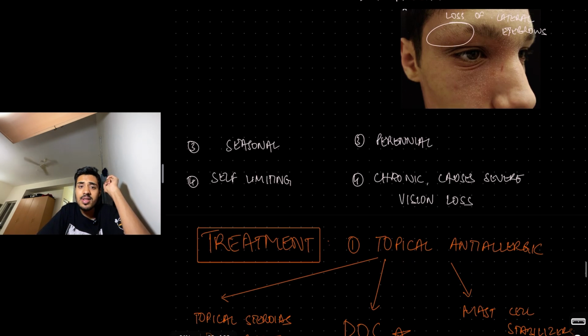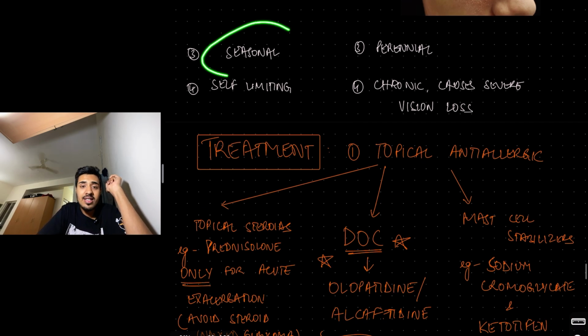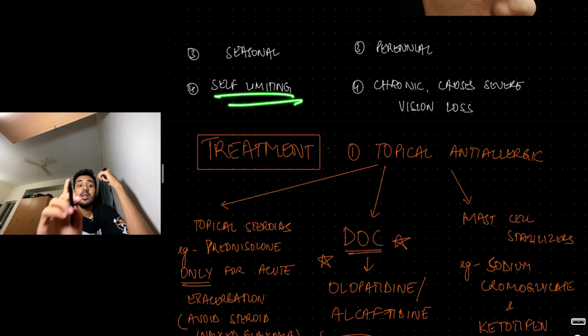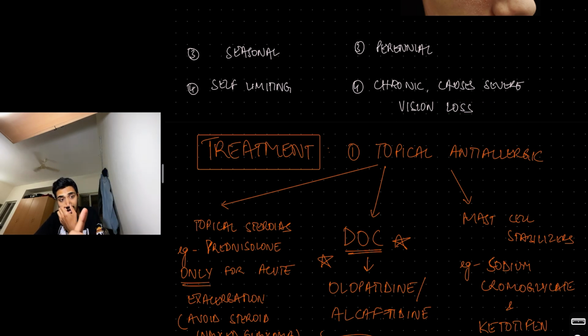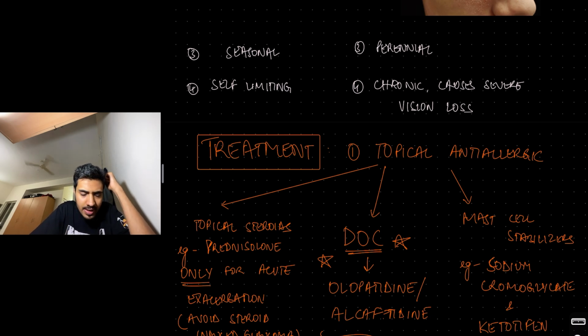Next difference is VKC is more seasonal, as I told, exogenous seasonal allergens like pollen. AKC is perennial. VKC is self-limiting. AKC, atopic keratoconjunctivitis, is chronic, it does not limit, it can lead to serious vision loss. AKC is actually a very dangerous condition. So what are the differences between VKC and AKC?